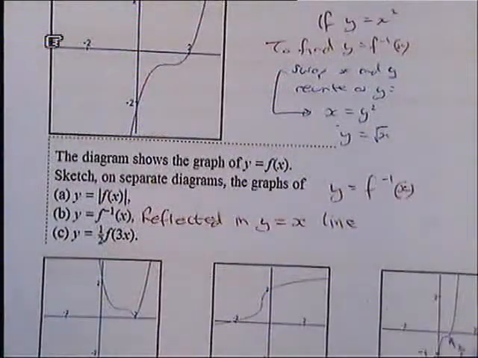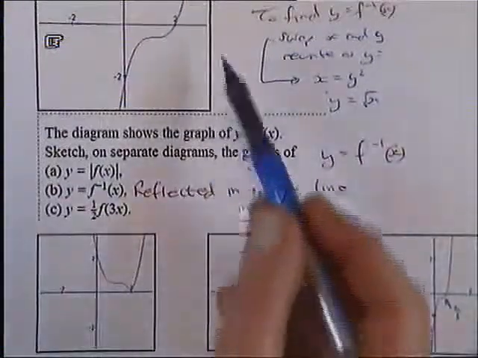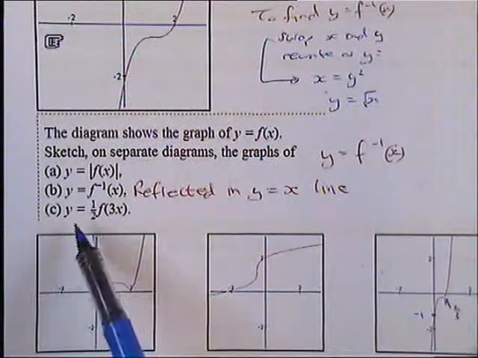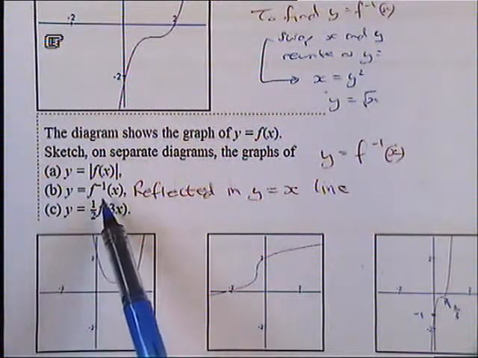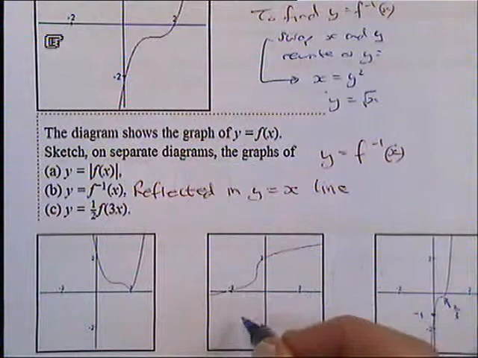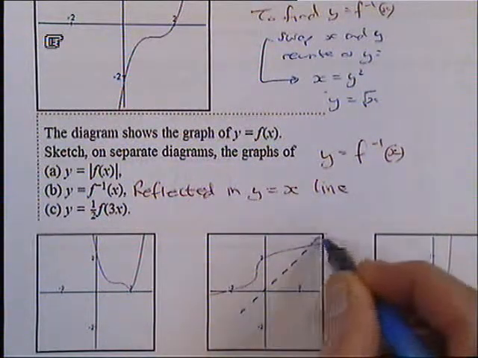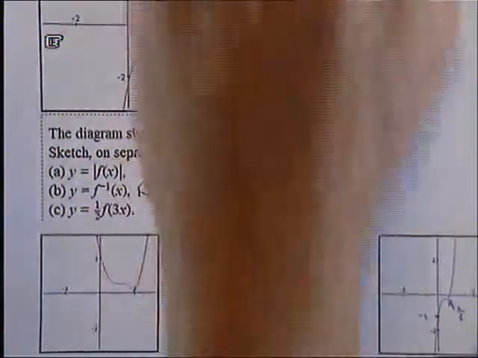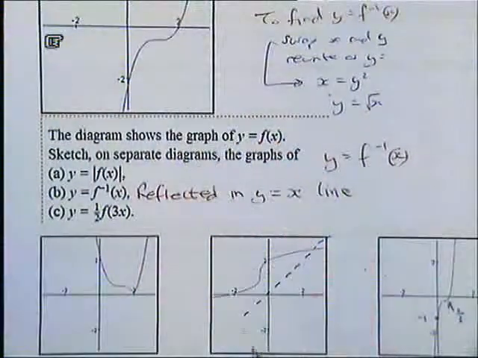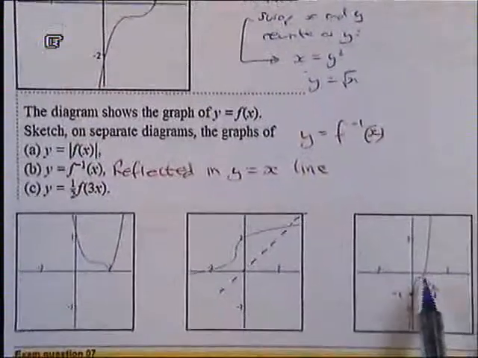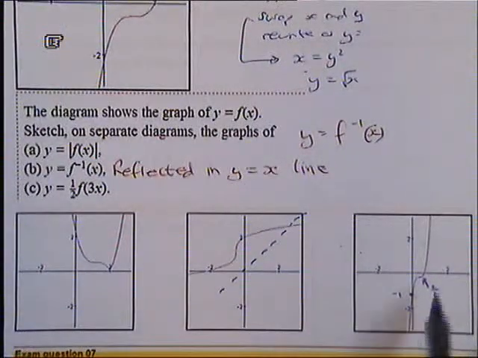So if we look at those three, here we go. The first one, everything that's below the axis has got reflected above it. The inverse one, it is a reflection in the line y equals x. The line y equals x would have gone there. And if you reflected the top one in that line, you would have got that. This one over here, the 3 has pushed it in.